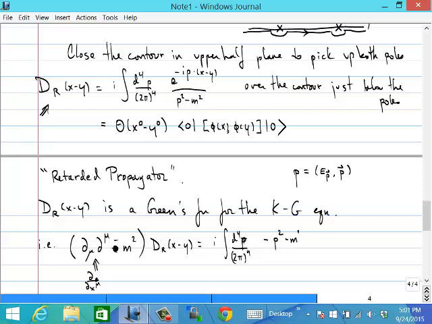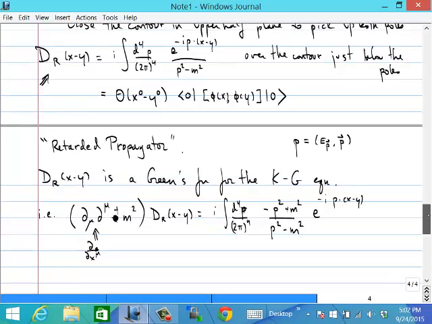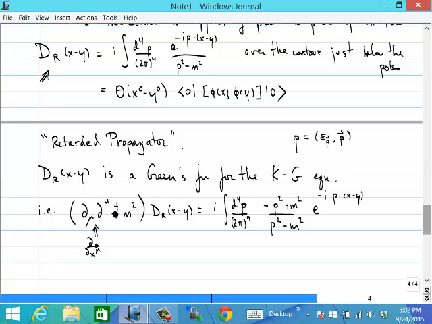Minus p squared minus m squared over, oh no, I'm in that signature. Sorry about that. P squared minus m squared times e to the ip dot x minus y. You'll soon discover I'm really bad at things like signs and factors of 2. Well, you've probably already discovered that. And so, of course, that numerator and denominator cancel, and you get minus i times the integral d4p of e to the ip dot x minus y, otherwise known as the 4-dimensional delta function that sets x equal to y.